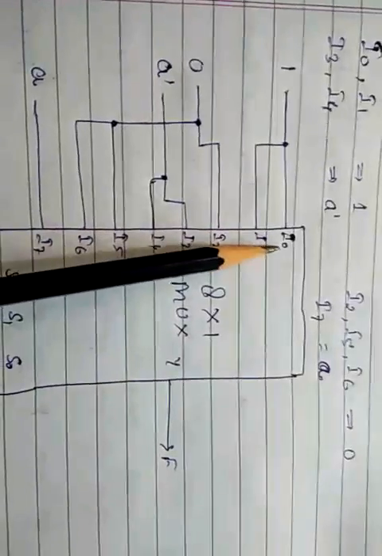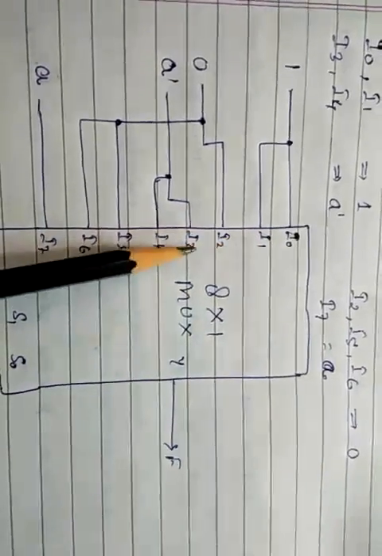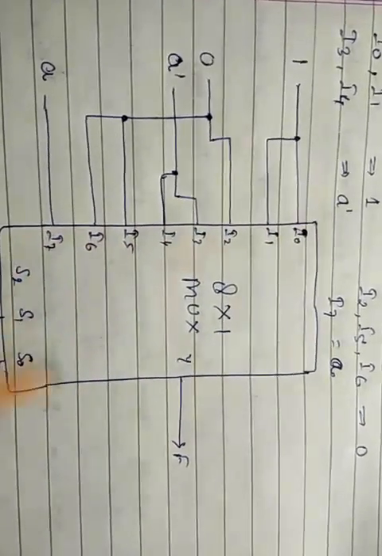So we will write here I0, I1, I2 till I7.